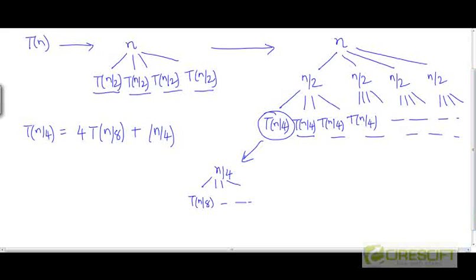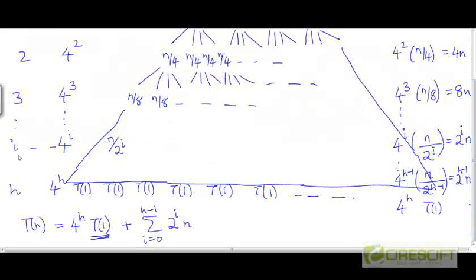So when we created level i, the size of the subproblem there was n by 2 to the power i. When we create level h, the size of the subproblem at level h is theoretically n divided by 2 to the power h. But we know that h is the height of this tree, that is, it is the depth at which the size of the subproblem reduces to 1. So equating n by 2 to the power h to 1, we can calculate the value of h in terms of n. It's going to be log of n base 2.